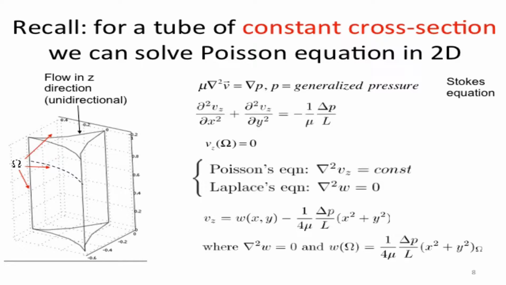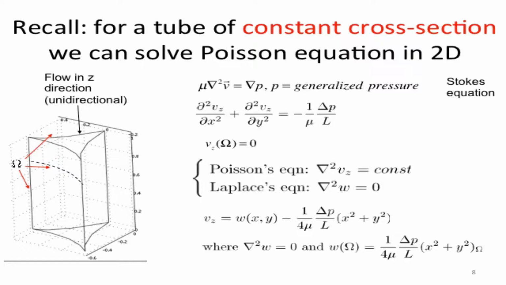So if we do that, then this is my cross section, and I have oriented it vertically, so I have my tube aligned with the z direction, and I'm calling the boundary of the tube omega. What we're actually solving is Stokes' equation for a creeping incompressible Newtonian fluid.